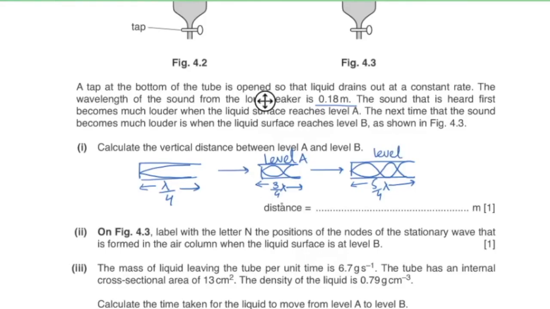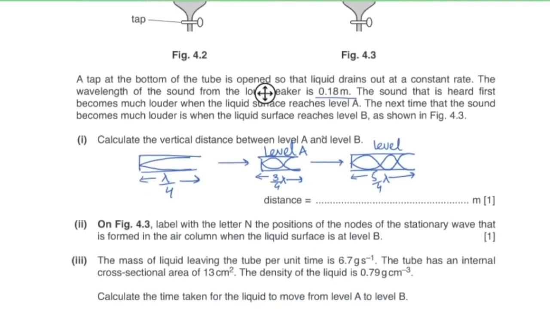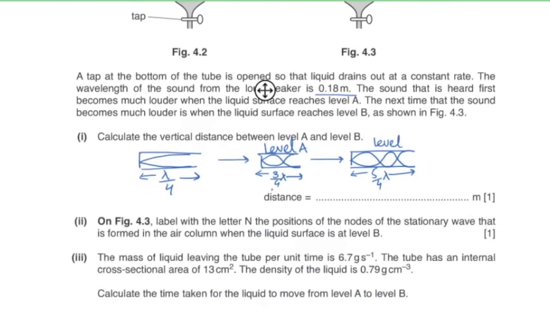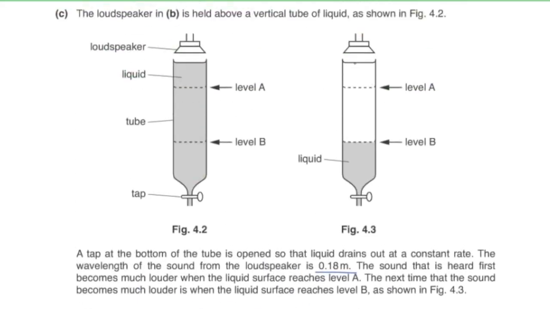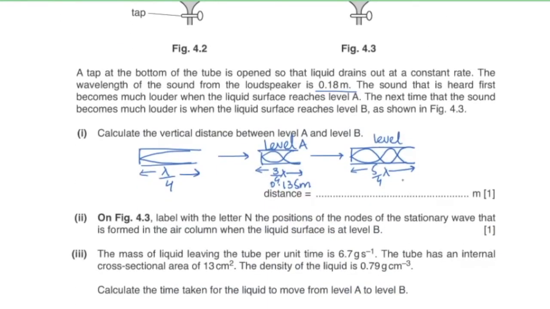Now 3 by 4 of lambda, which is 3 by 4 into 0.18 meters, the length of the tube from the top until level A is going to be 3 by 4 into lambda, which is 0.135 meters. And now from the top end until level B, this is going to be 5 by 4 into lambda, which equals 0.225 meters.